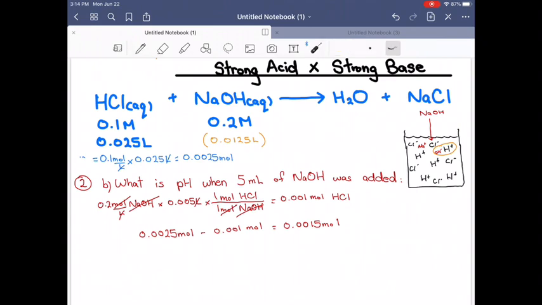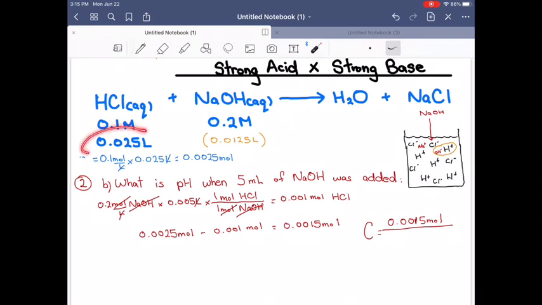Now, don't be too excited and start negative logging that, because that's not a concentration. So right now we're going to have to find the concentration of HCl. Okay, we know the moles. We know this is the amount of HCl that is left. How much is the volume now?